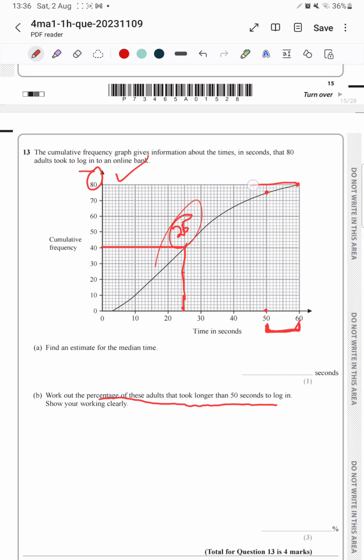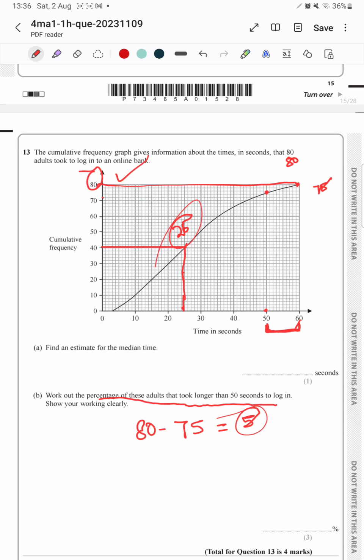So here this is 80 and here each division is like 2. So we have here 72, 74, 75. So this is almost 75. So how many people are there? 80 is the total, 75 are taking less than 50 seconds. So how many will take more than 50? 80 minus 75, which is 5.